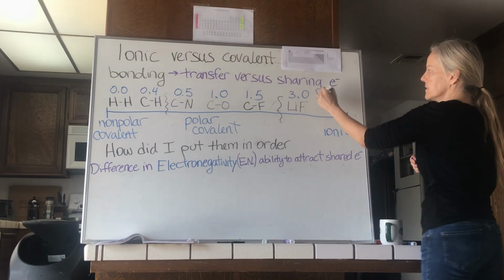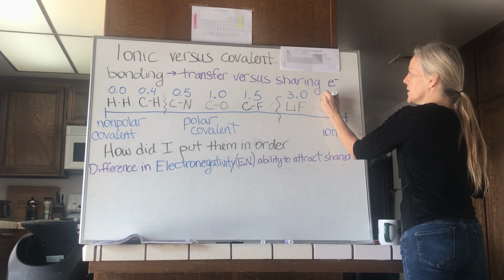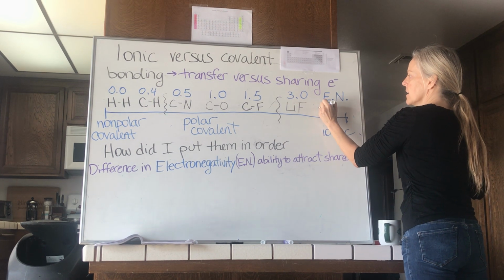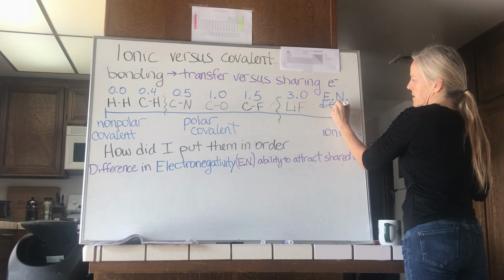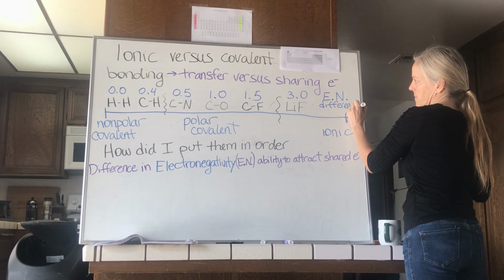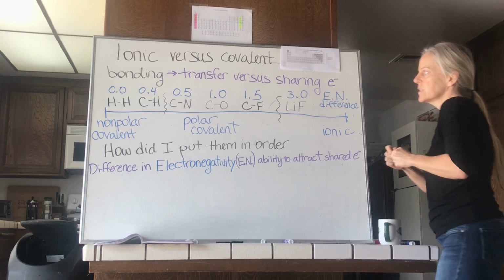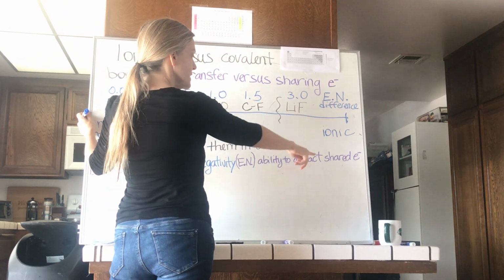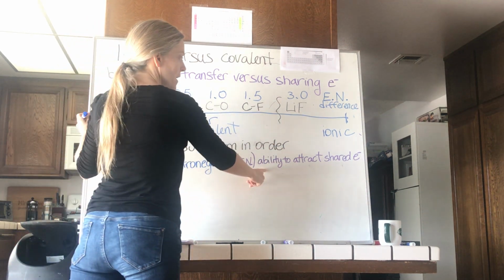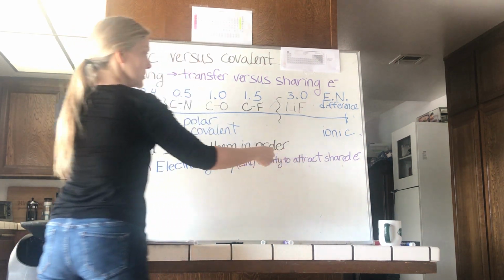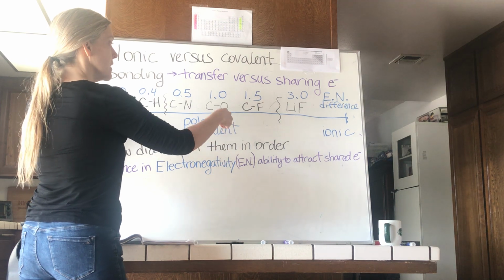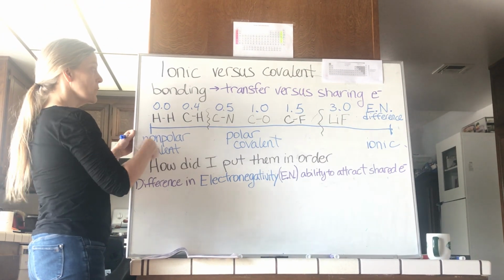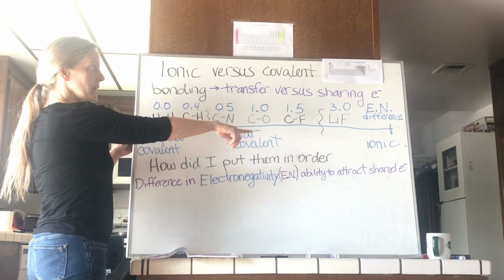So these numbers, and I'm just going to put electronegativity as EN difference. As you see, the larger the electronegativity difference, the larger the difference between one atom having the ability to attract the shared electrons more than the other one is. That's our spectrum from being completely nonpolar, non-polarized in charge, to being ionic.